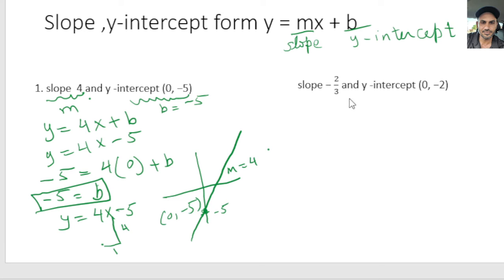Now let's go ahead with the second example. We have a slope of -2/3 and the y-intercept is (0, -2). So in the first step, I'm going to plug in the slope value, -2/3 x plus b. And then I'm going to plug in these values right here. So y is -2, the slope is -2/3, and x is 0 plus b.